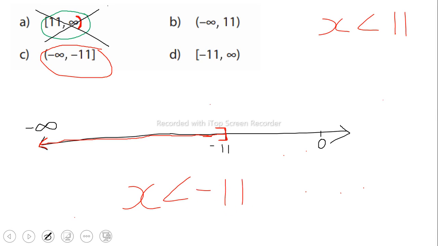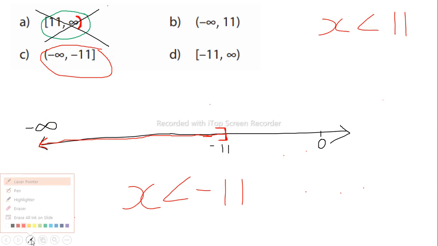All the numbers inside the set represented here in red are less than negative 11. But we want our inequality to be x is less than 11, not negative 11. So C wouldn't work for us. Unfortunately, C cannot work.